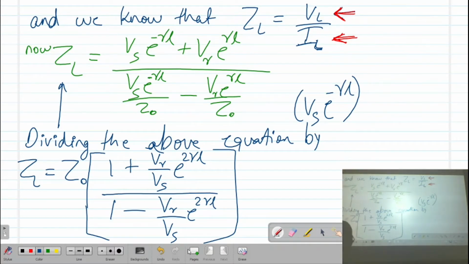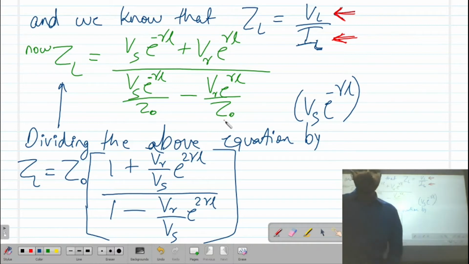This Z0 is coming from this side, taking common and going to the numerator, right?